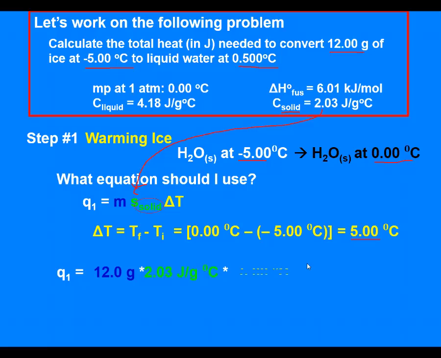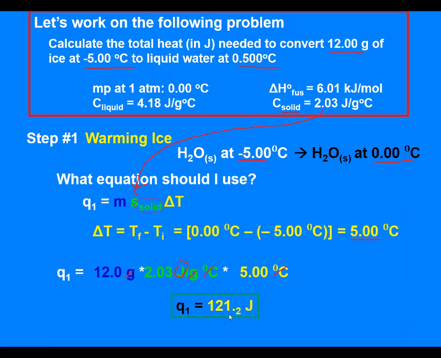And then the change in temperature was 5 degrees Celsius as I heat up the sample. The grams should cancel and the degrees Celsius should cancel, so my heat energy will be expressed in joules. I end up with the heat energy here being 121.2 joules.